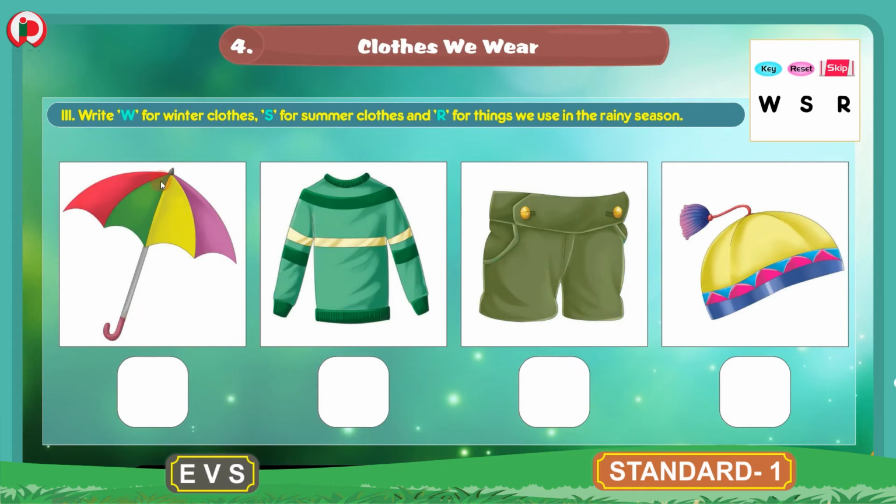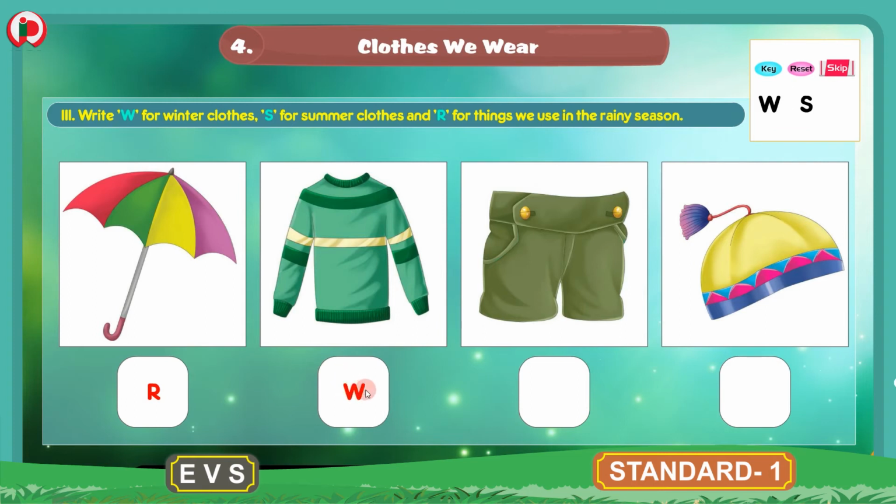The first picture is that of an umbrella, and we use an umbrella in which season? Can you tell me? Yes, we use umbrella in a rainy season, so we will write here R. This is a sweater, and we wear a sweater in winter season, so we will put W here in this box.